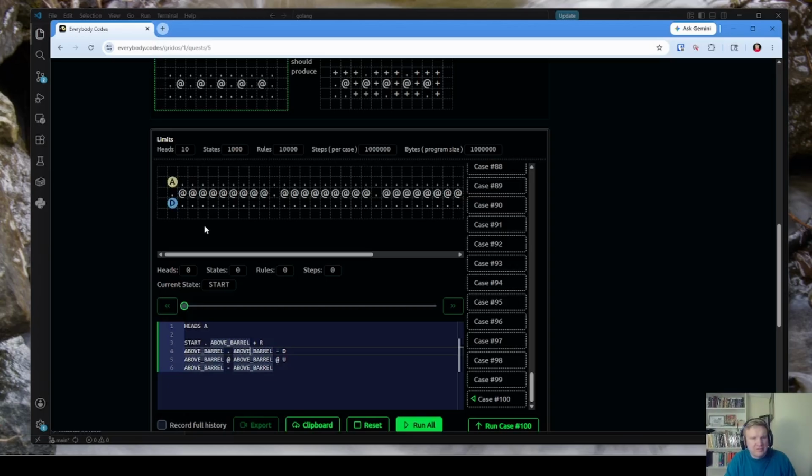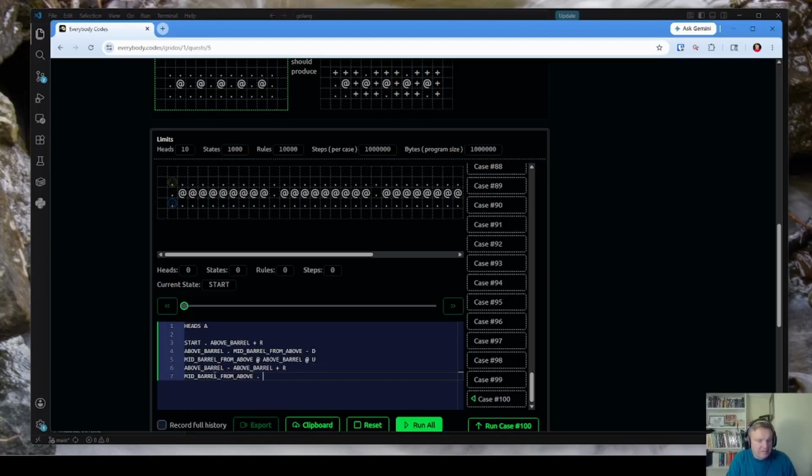I have to use mid barrel from above, copy, move back to above barrel, above barrel minus, we move to above barrel plus right. And then mid barrel from above.